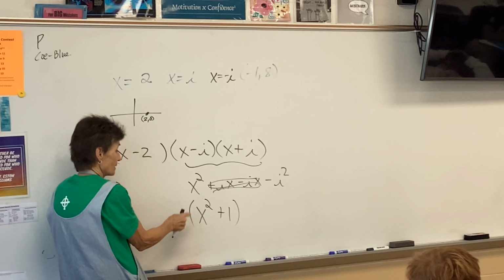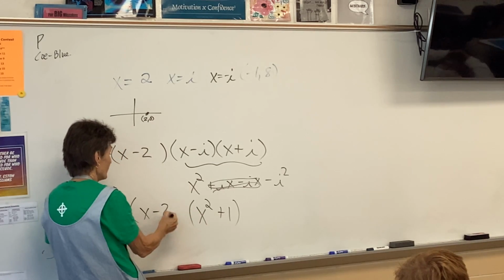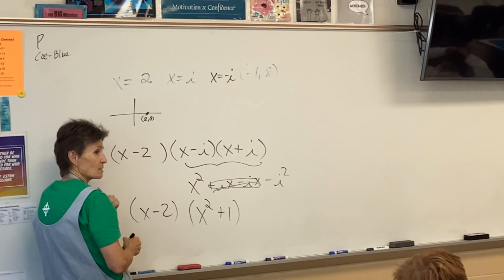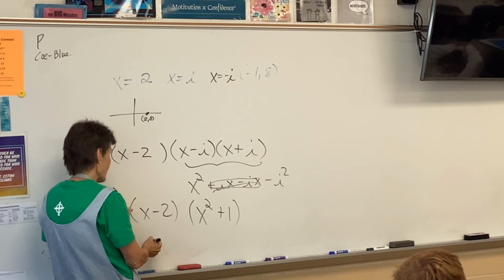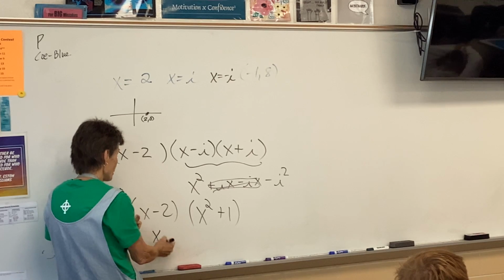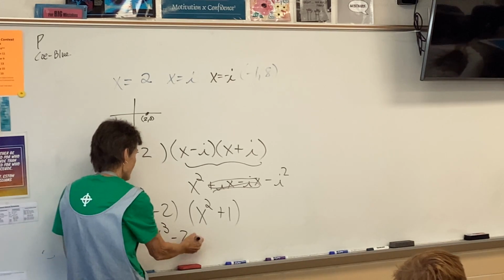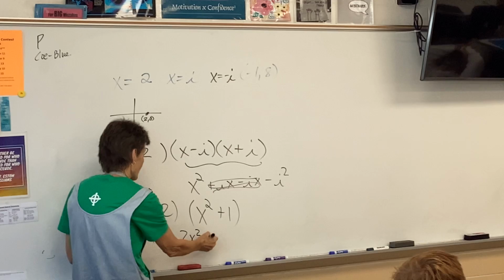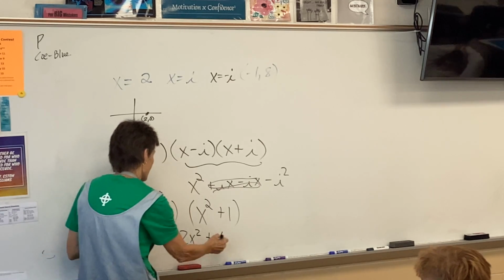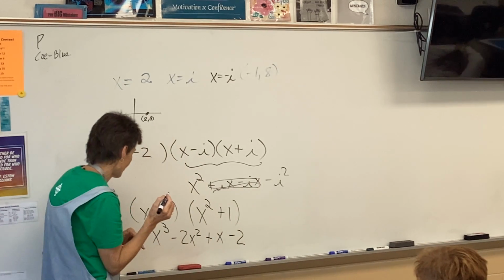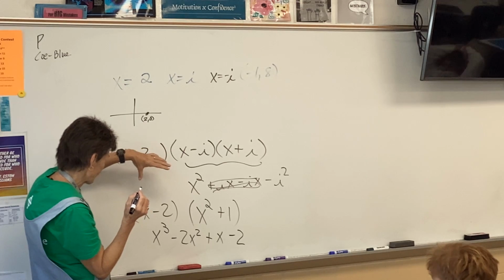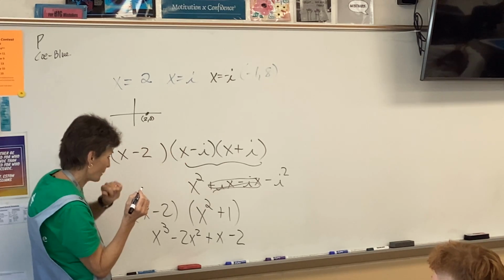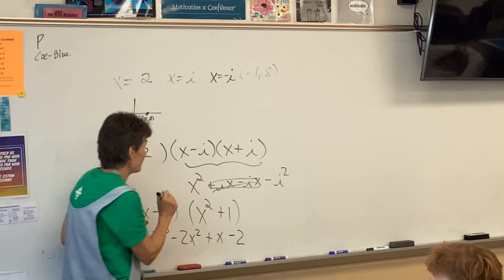No more i's. But you still got to multiply that one times x minus 2. So FOIL again. That's going to be x cubed minus 2x squared plus x minus 2 if I FOILed correctly. Okay? So now I'm this far.